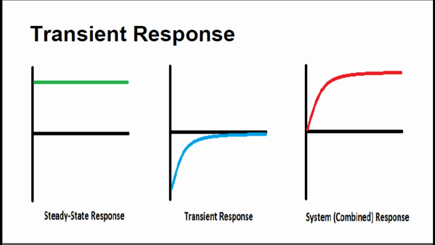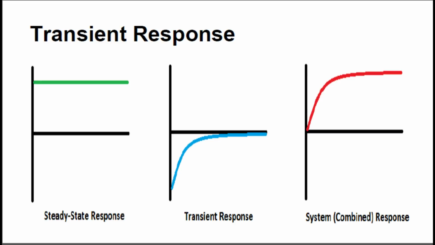So when you add 5 and negative 5 together, you get 0, and you can see that reflected in the system response curve, the red curve to the right. At time equals 0, that curve is at the output of 0. So it's just beginning right there. And you can do that for every point on this, and you could test that out just to confirm that the steady state and transient responses together do give you that system response.